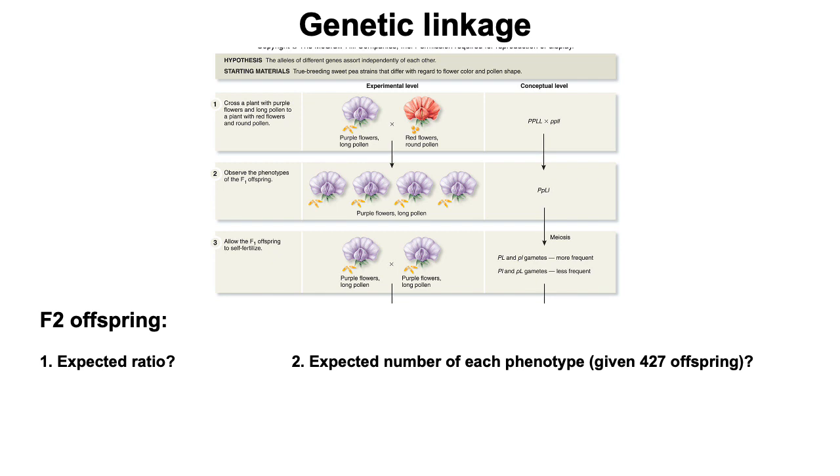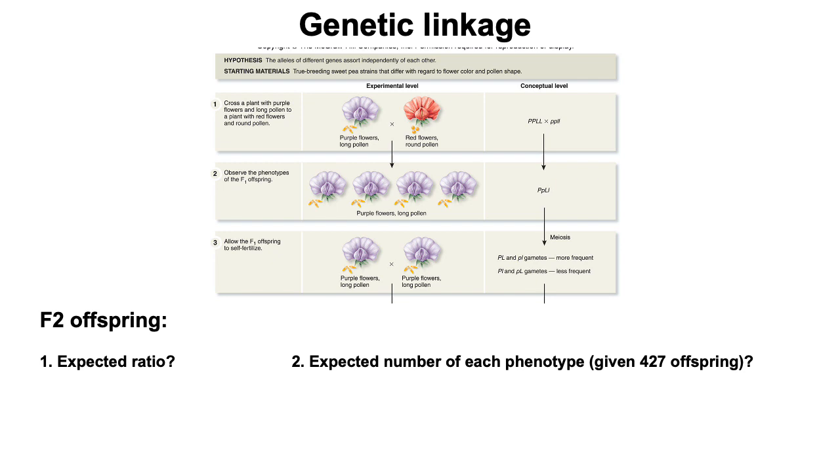What normally would we expect to see? What kind of ratio would we expect to see? And if we had a given number, let's say there were 427 offspring in the F2s, how many of each phenotype would we expect to see? Before I go on to the next slide, think about that for a minute. What is the expected ratio here?